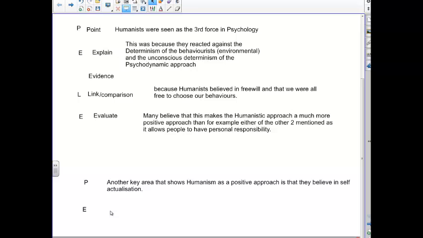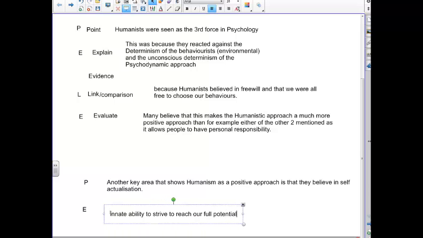Well, you guys know that we need to make sure we're saying what self-actualization is: the innate ability to strive to reach our full potential. We need to be saying that innate means we're born with this ability or this striving to reach our full potential.